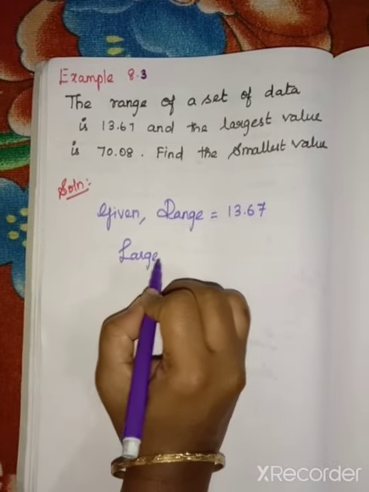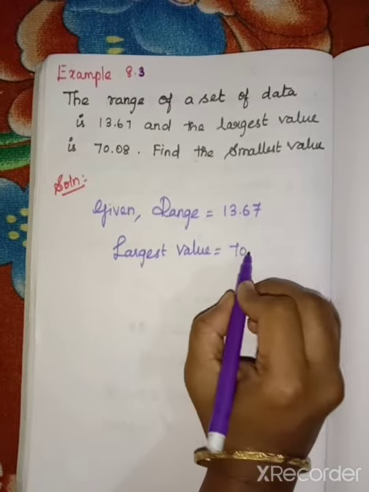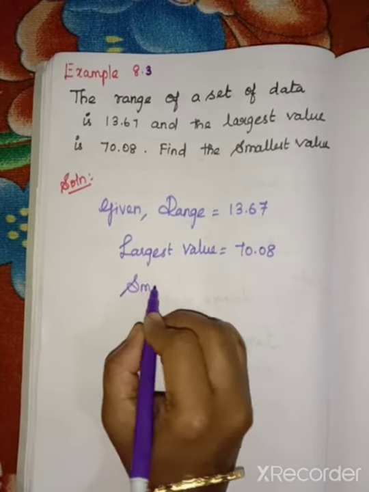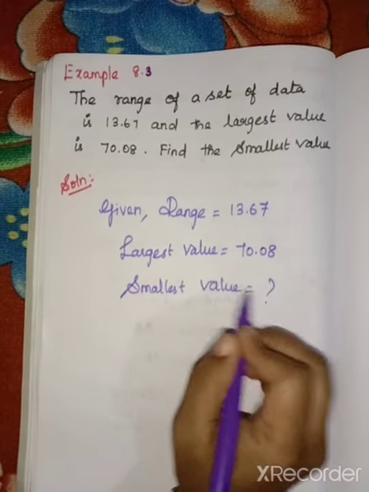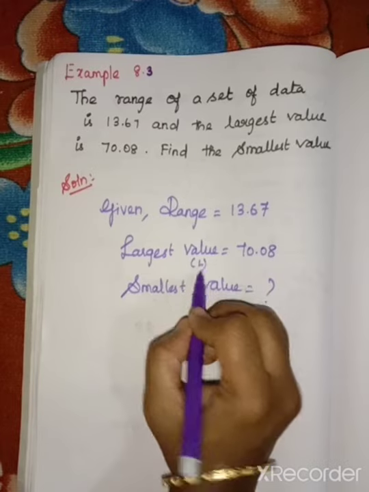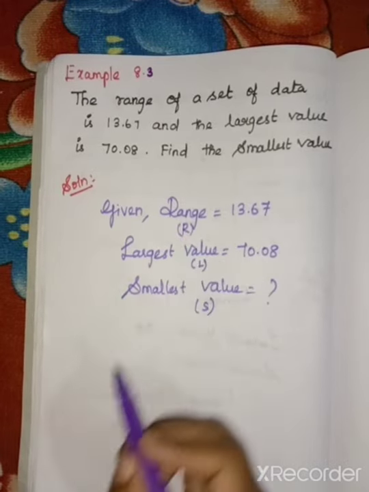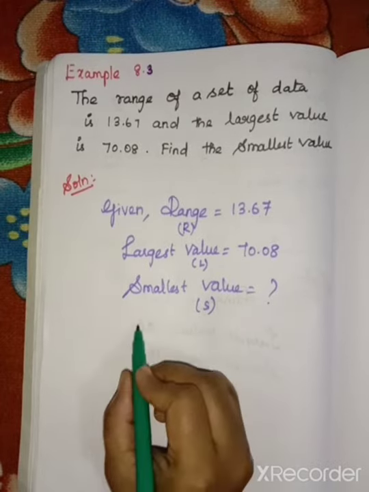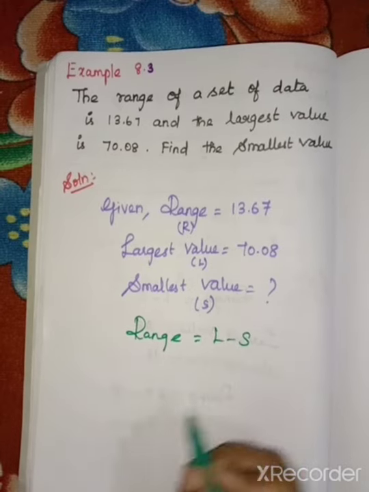The largest value is 70.08. We want to find the smallest value. The largest value is L, the smallest value is S, and the range is R. We know the formula for range: range equals L minus S.